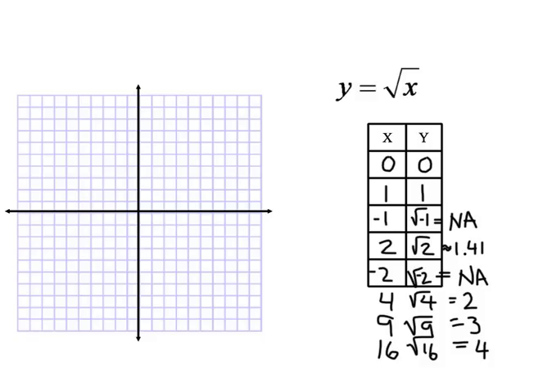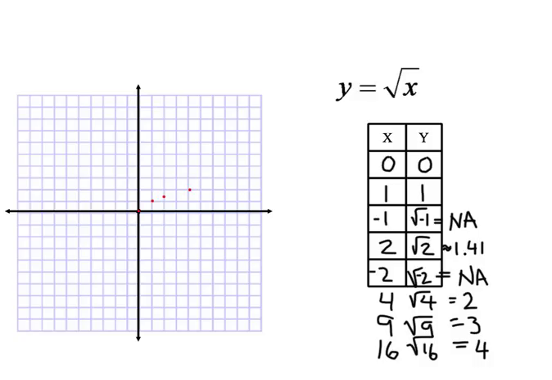Let me plot these on my graph. When x is equal to 0, y is 0. That's the first point. When x is equal to 1, y is 1. When x is equal to 2, y is 1.41, which is probably approximately right there. When x is equal to 4, so 1, 2, 3, 4, y is equal to 2.